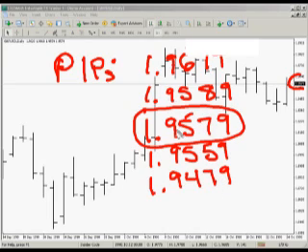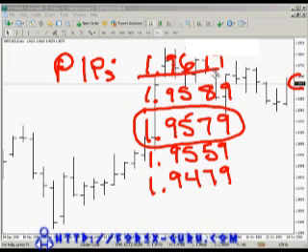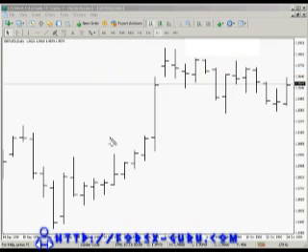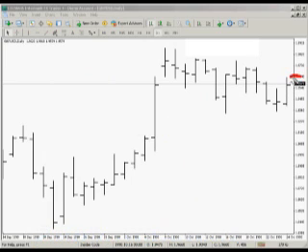Okay, so again, a very simple concept. We're simply adding and subtracting based on these last numbers here. Now, what you've probably guessed by now is that if the market has a really big move, what is that going to look like? Well, let's take this price here, 1.9579 again.